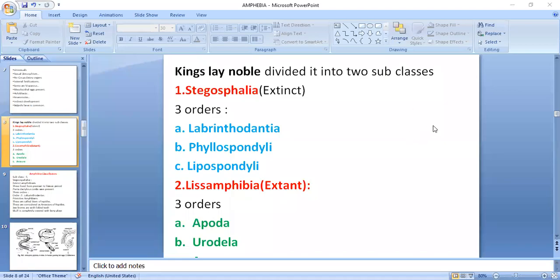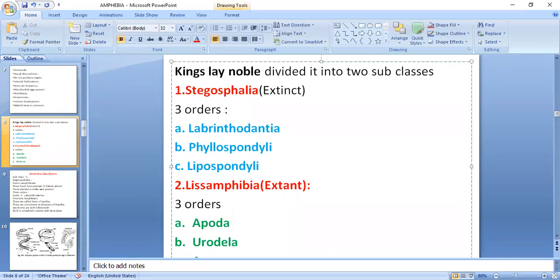According to Kingsley Noble, Amphibia is divided into two subclasses. One is Stegocephalia and the other is Lissamphibia. Stegocephalia includes extinct amphibians.